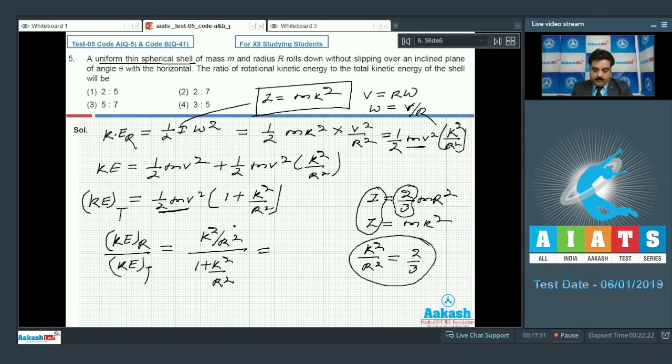If I place the value of k square upon r square, that is 2 by 3, we write 2 by 3 upon 1 plus 2 by 3. When you calculate, you will find 2 upon 5 only. So this is the required ratio, and I can say option number 1 will be the right choice.